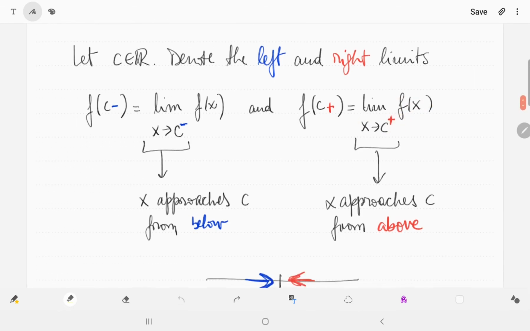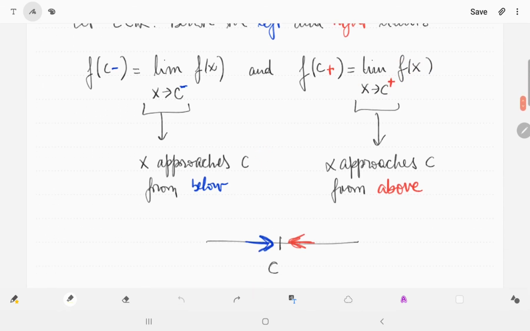So we have the left and the right limits. If here is the point C, these values of x are approaching it from below, and these values of x are approaching it from above.